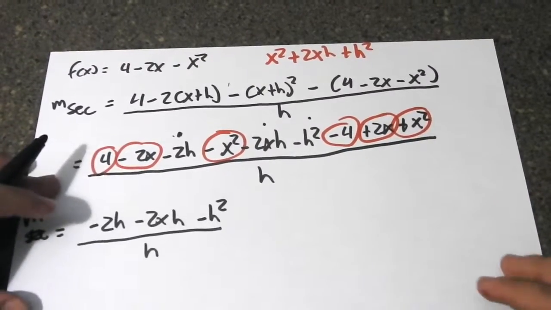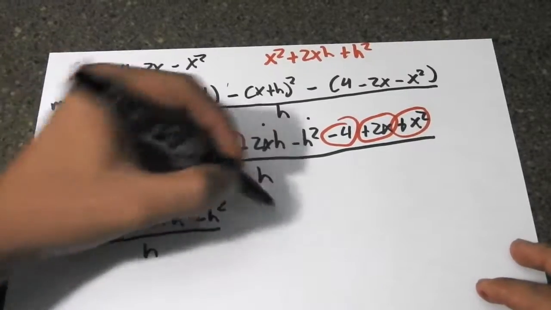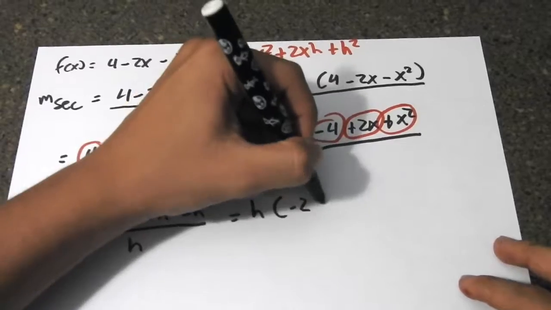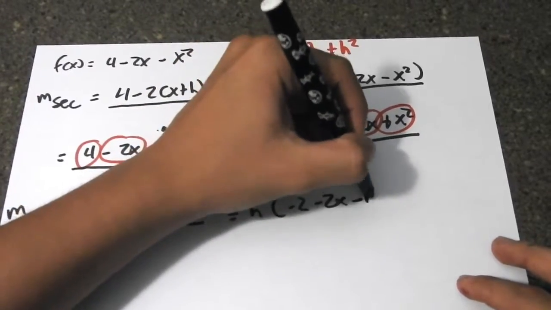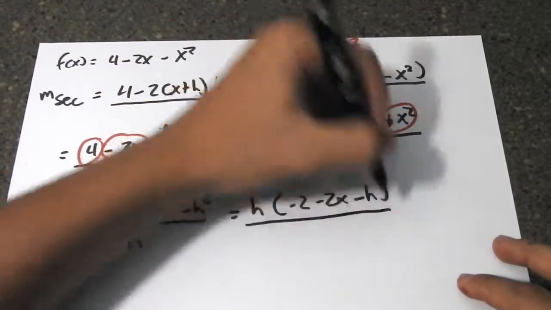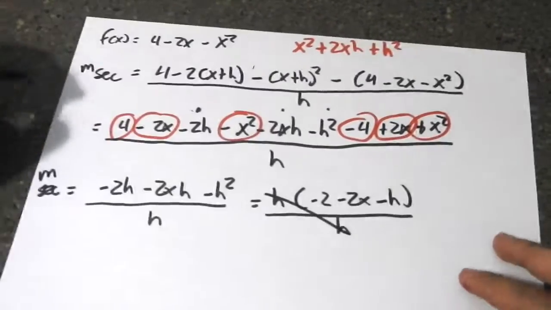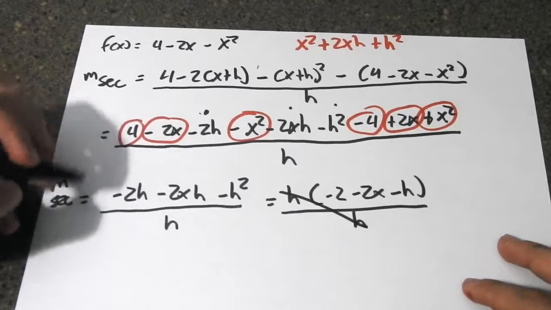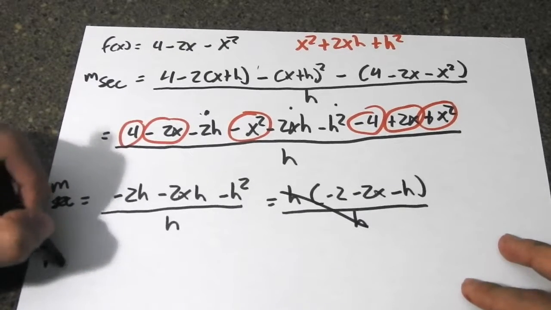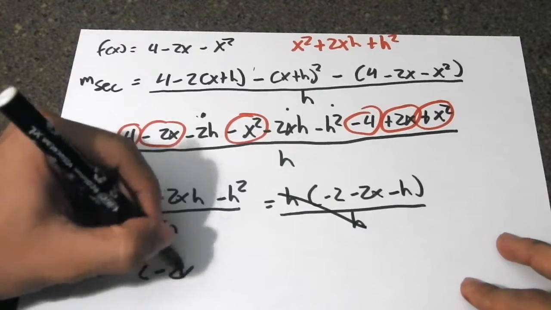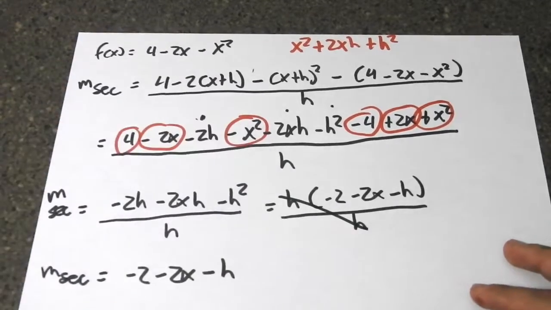And we can rewrite this because here we have a common factor, so we take it out: h times (minus 2 minus 2x minus h), over h. We eliminate this. So here we have the slope of the secant line: minus 2 minus 2x minus h.